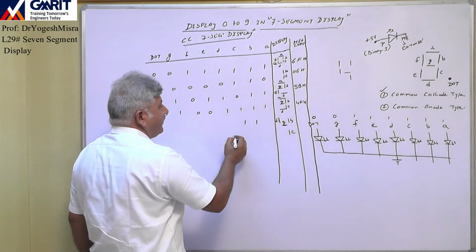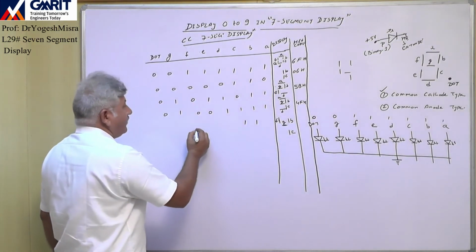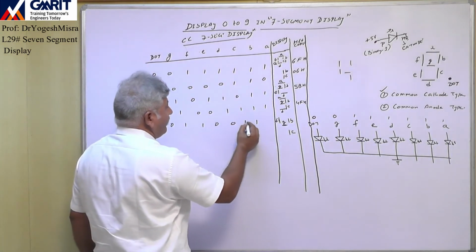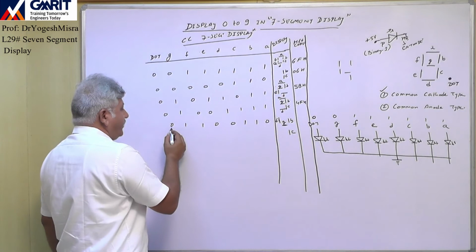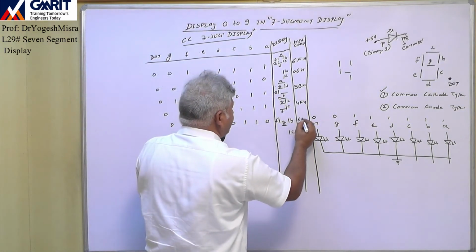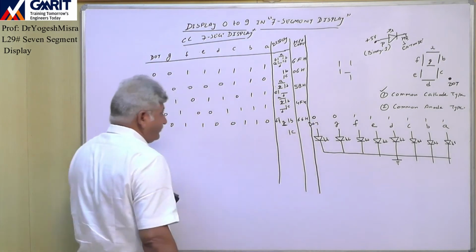B, C, F, G. Remaining segments are off. So the control word is 6, 6, 66H.